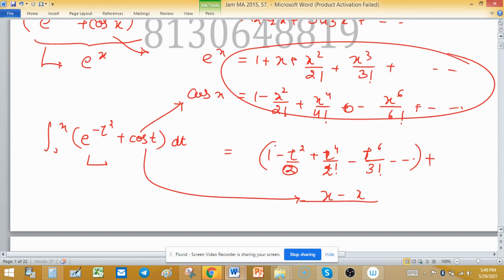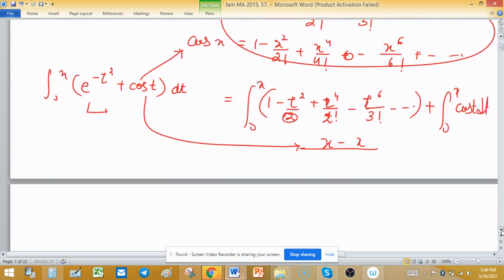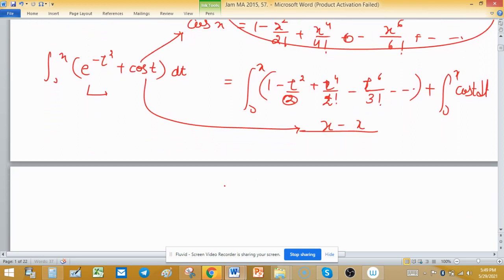So this is the integral from 0 to x, and this is the integral of cos t from 0 to x. After integration, we have t minus t cube upon 3 plus t raised to the power 5 upon 10, minus t raised to the power 7 upon 42, and so on.